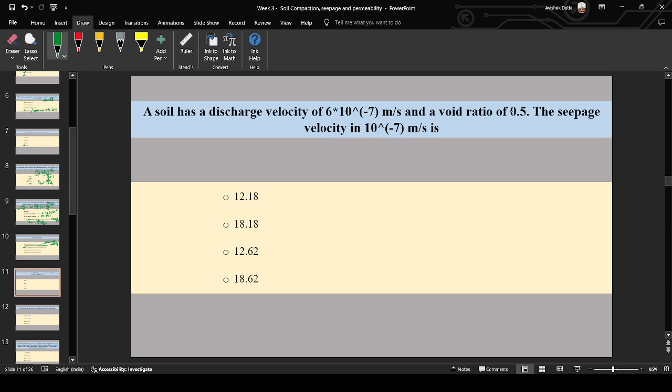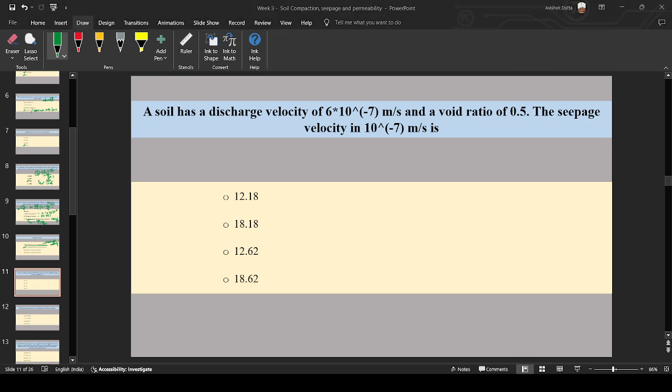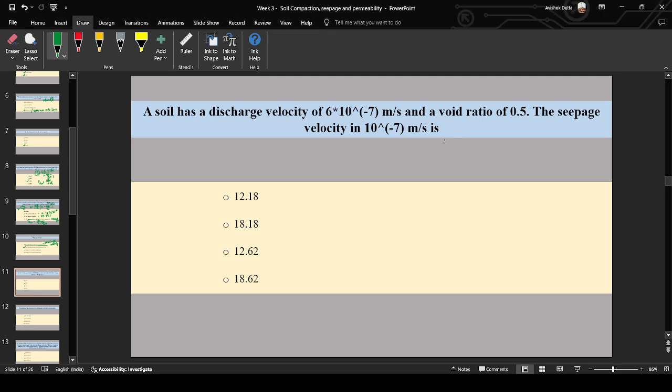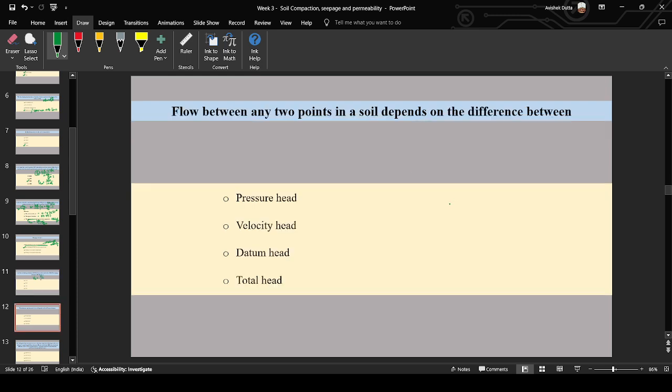Has anyone solved this question? So we know that seepage velocity equals the discharge velocity divided by n. n is the porosity.